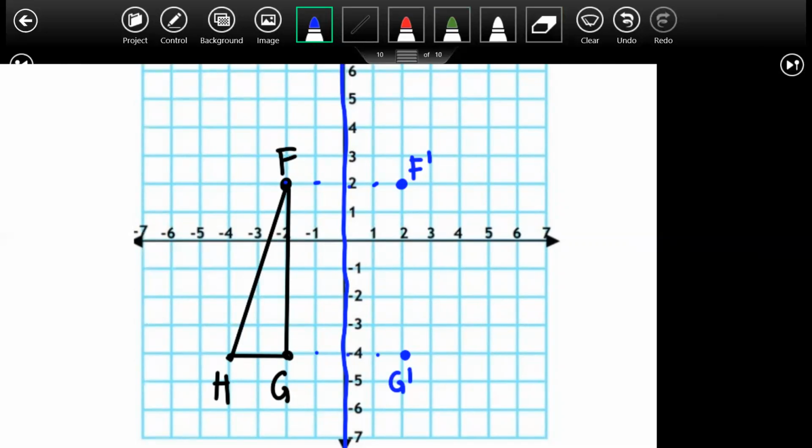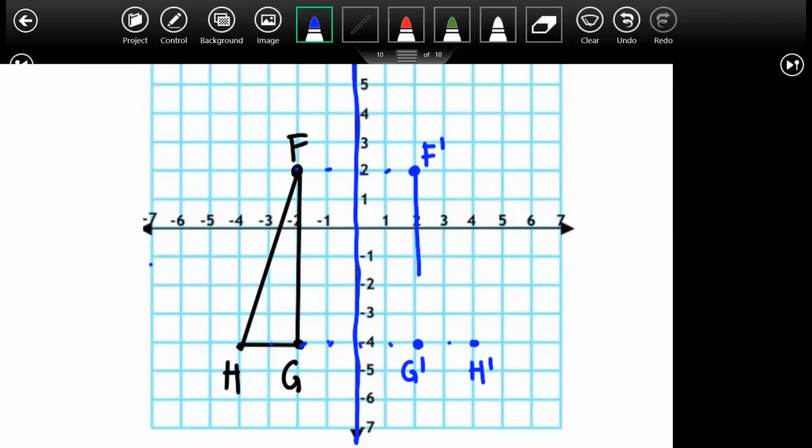And then 1, 2, 3, 4 would give me H prime. You guys remember doing this? Yeah, kind of, sort of.